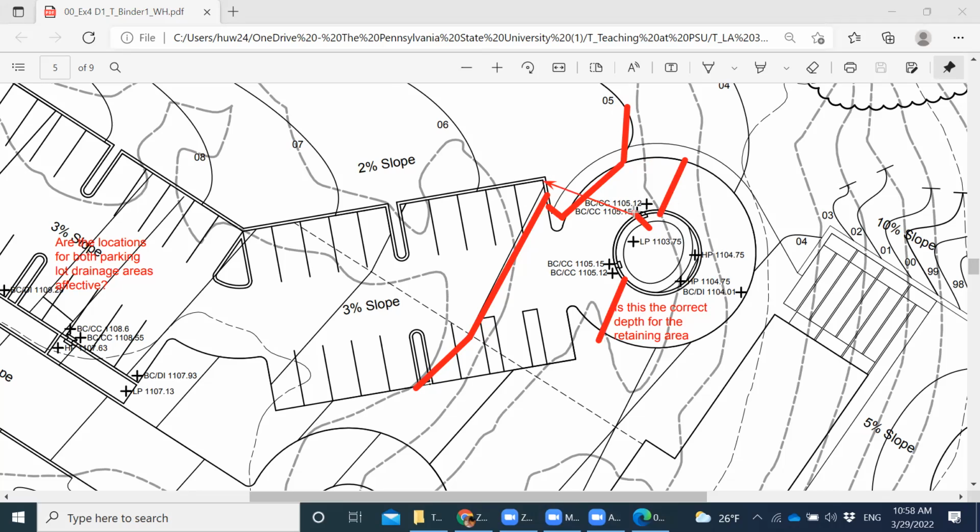So that would be 4.15, and then your LP will be lower, will be 3.15. Then your HP would be 4.75. Yeah, that's correct. This is correct. And this is 1 foot higher. And you would need an RDI over here.